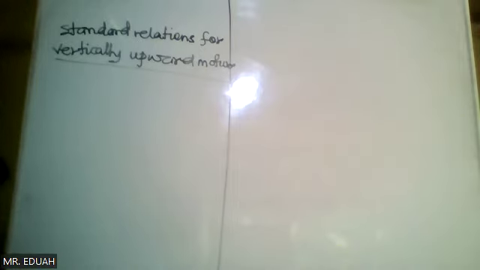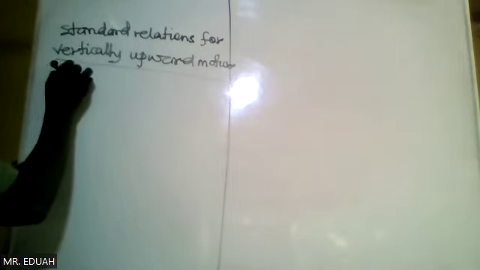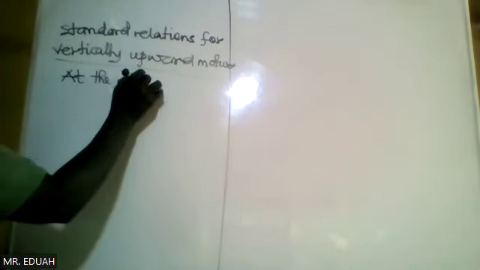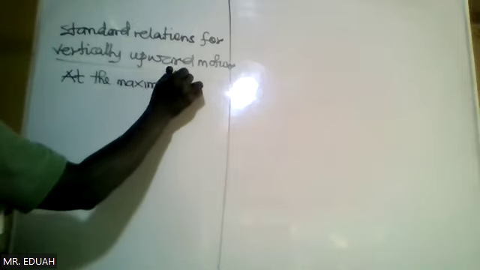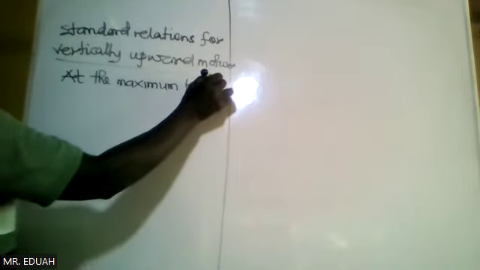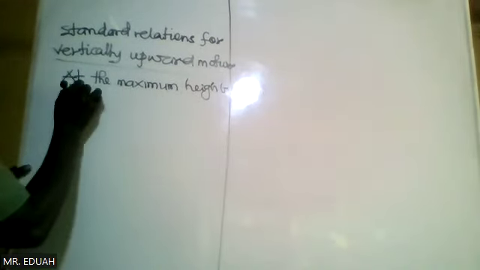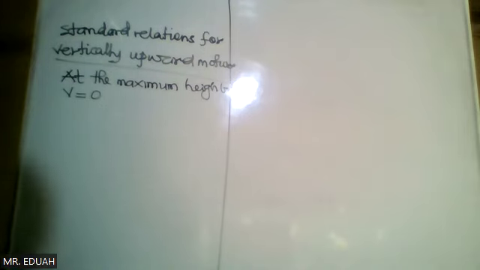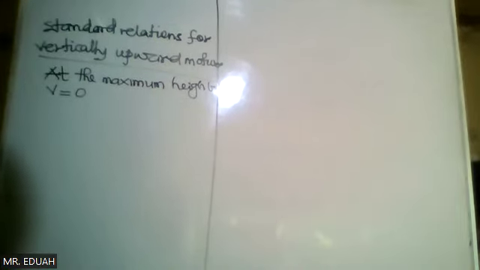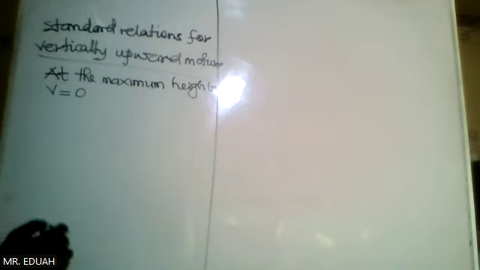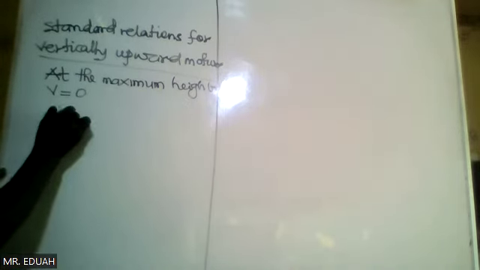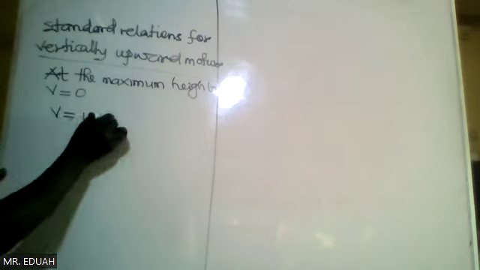maximum height, the velocity is 0. So at the maximum height, v is equal to 0. So if velocity is 0 at the maximum height, then if you use equation 1 of vertically upward motion, v is equal to u minus gt.